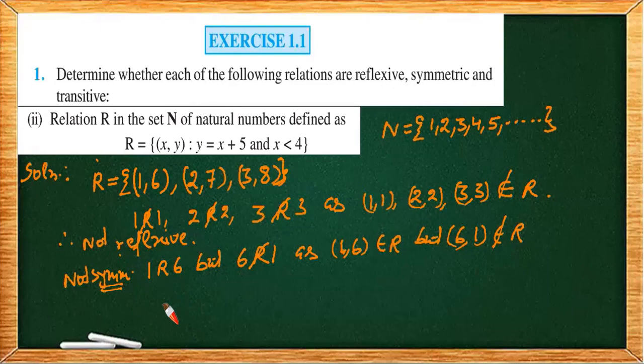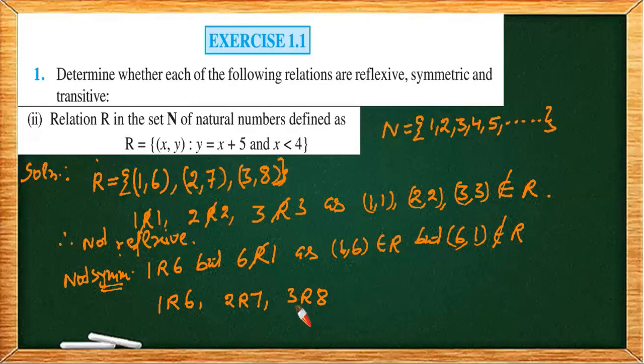Now 1 is related to 6 and 6 is not related to anything further. Similarly, 2 is related to 7, but 7 is not related to any further element. 3 is related to 8 and 8 is not related further.